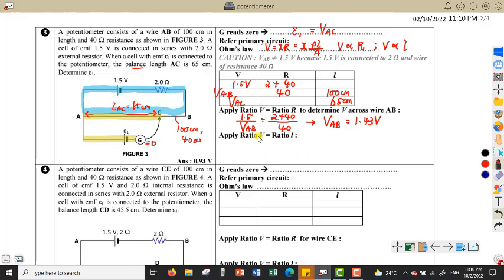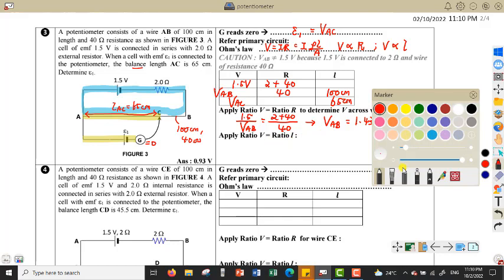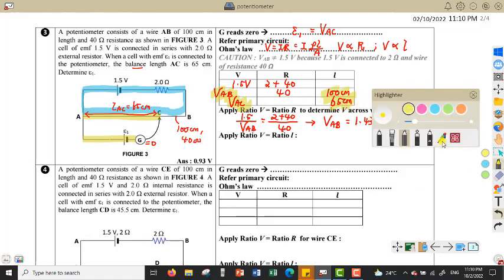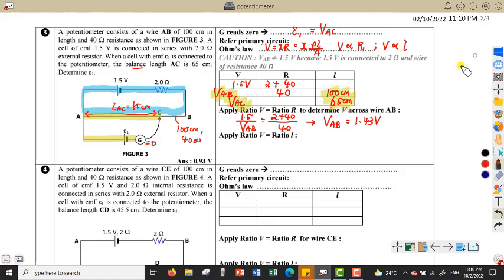Okay, then we focus on the voltage across the balance length. So we want to relate the voltage with the length. So we are going to apply the ratio of V must equal the ratio of length. So we are going to use this part, the V and also the length. Okay, so we have this one. So we have VAB.